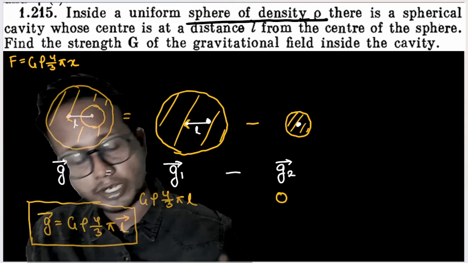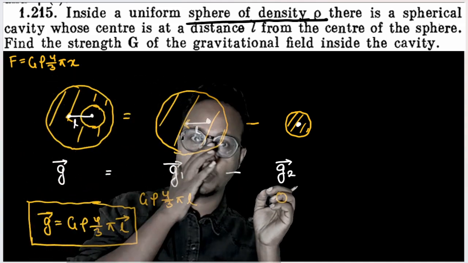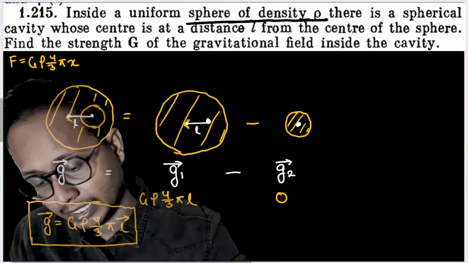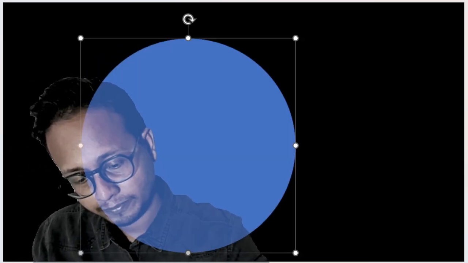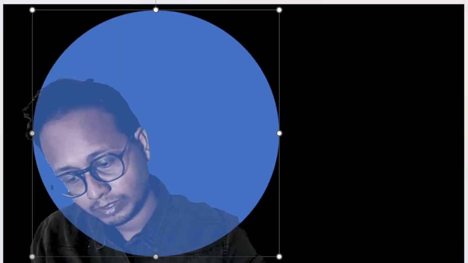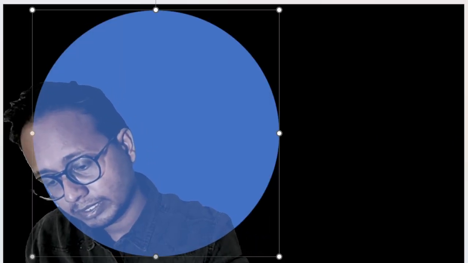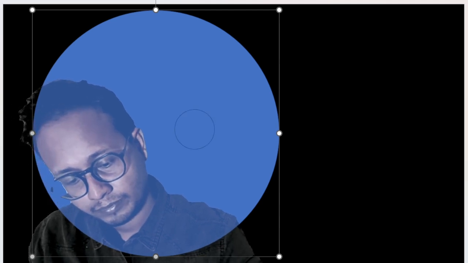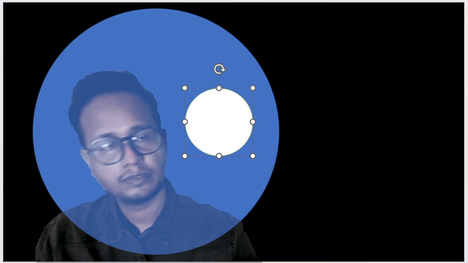But in order to understand this concept, I must draw a larger diagram. Suppose this is a sphere, and inside this sphere is another circle, the cavity.